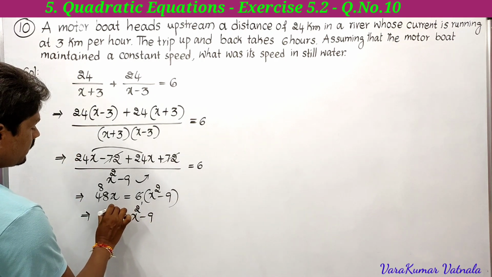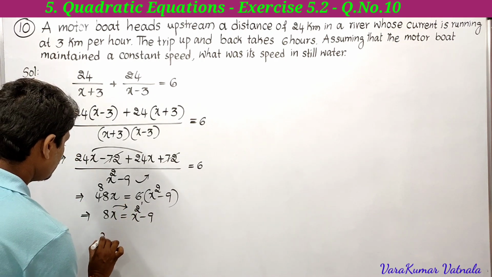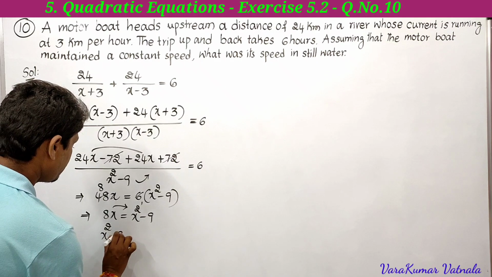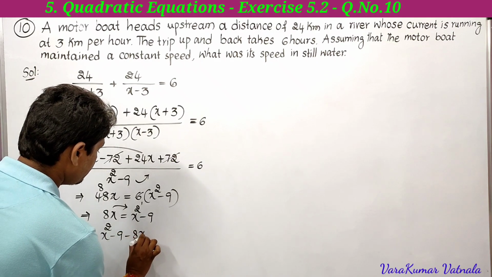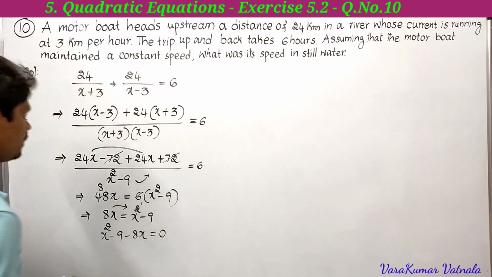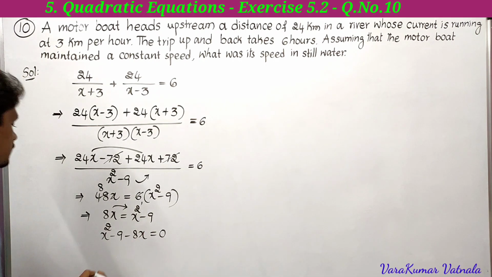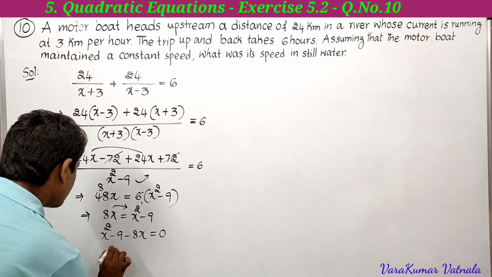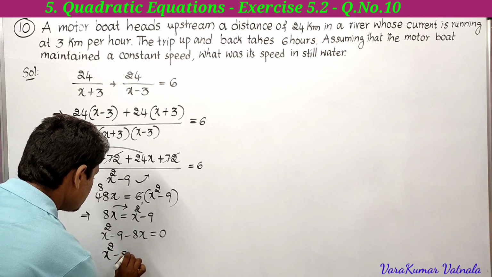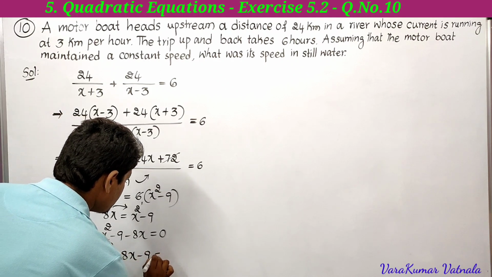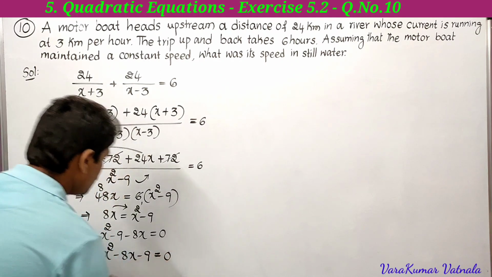So now take 8x to the right side, we get x square minus 9 minus 8x is equal to 0. So just we have to write in standard form. We get x square minus 8x minus 9 is equal to 0.